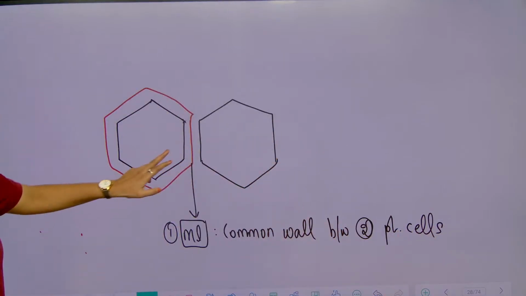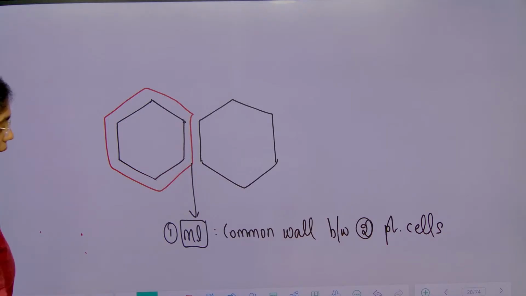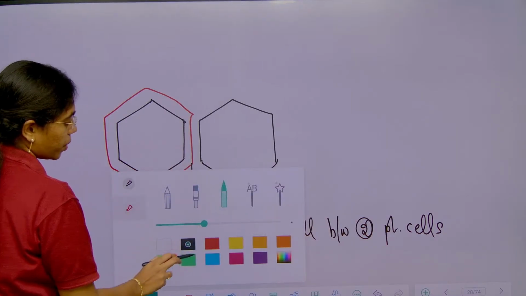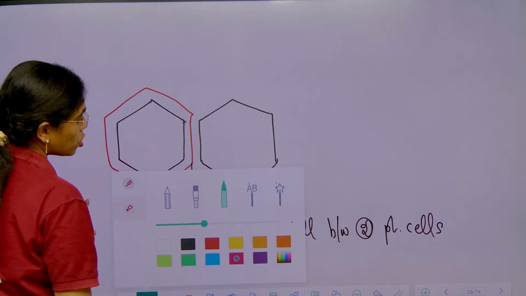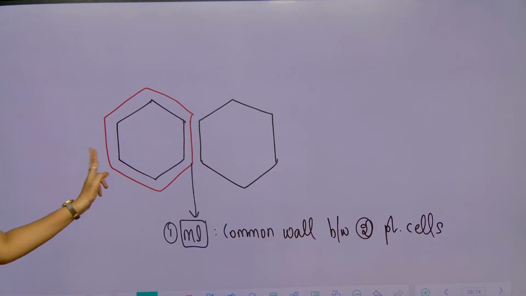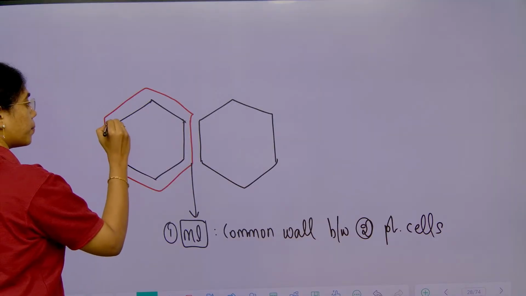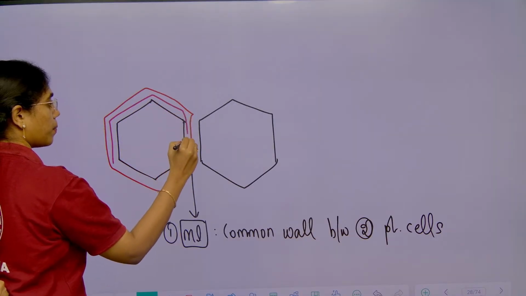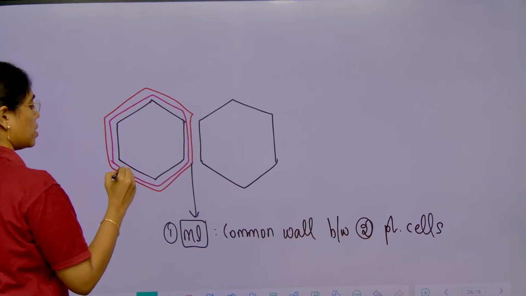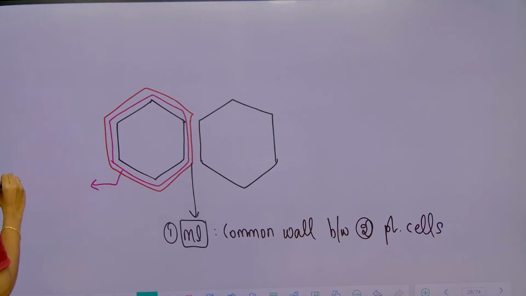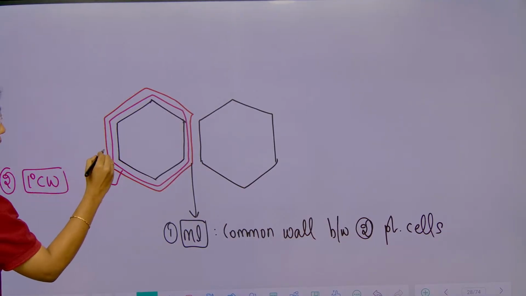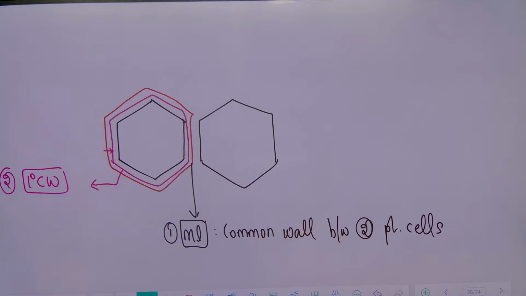Okay. Next, inner to the middle lamella, primary cell wall is formed. Primary cell wall is not formed outer to the middle lamella, it is formed inner to the middle lamella. The second formed layer is what? Primary cell wall, inner to the middle lamella. Got it?